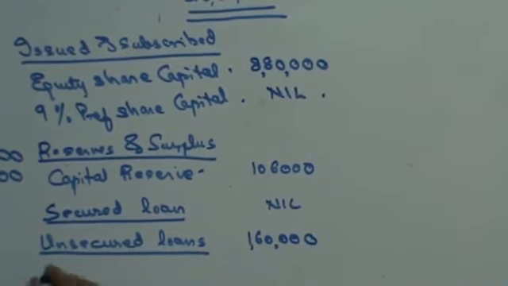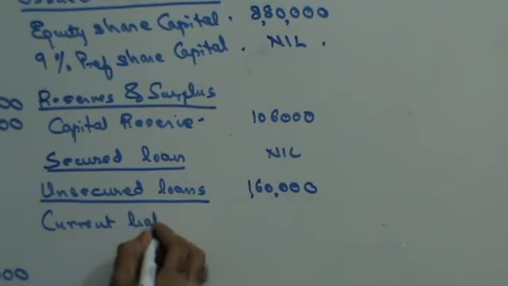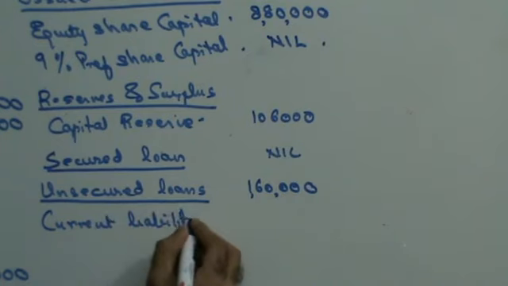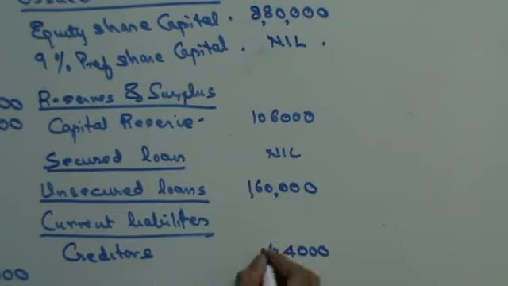Then you have current liabilities. Under current liabilities, you will have sundry creditors. Creditors is 96,000 and you have creditors on the debit side 42,000. 96 minus 42, 54.